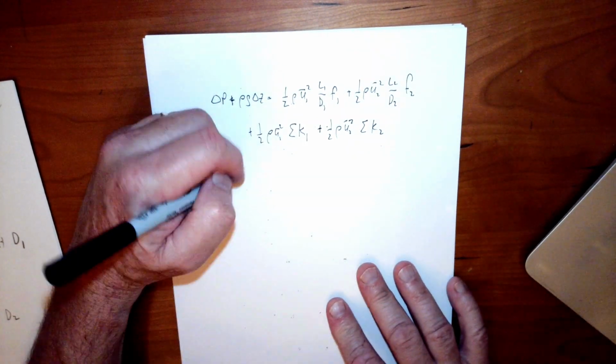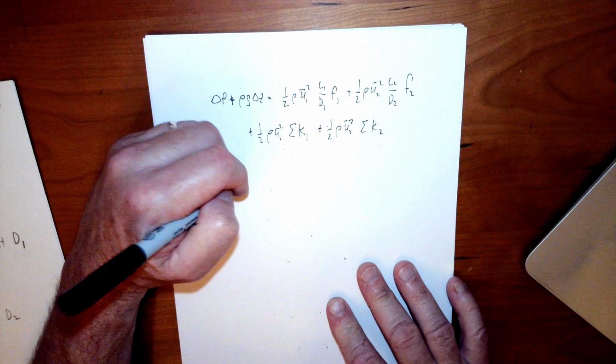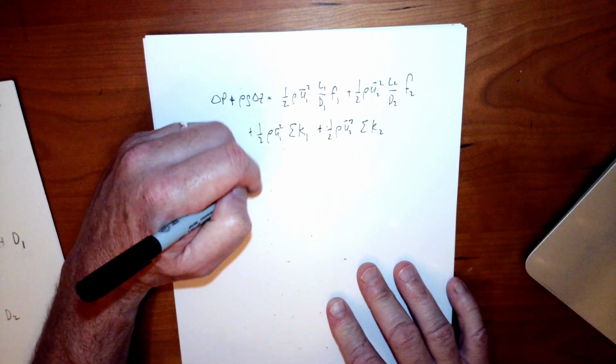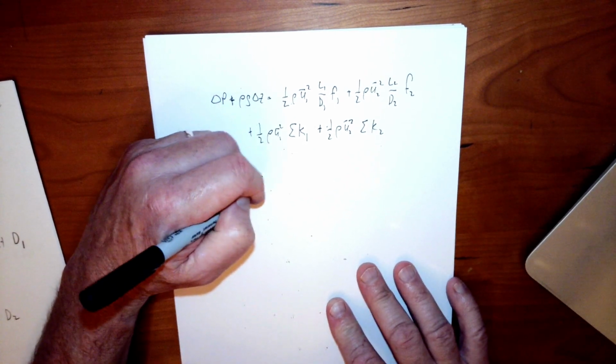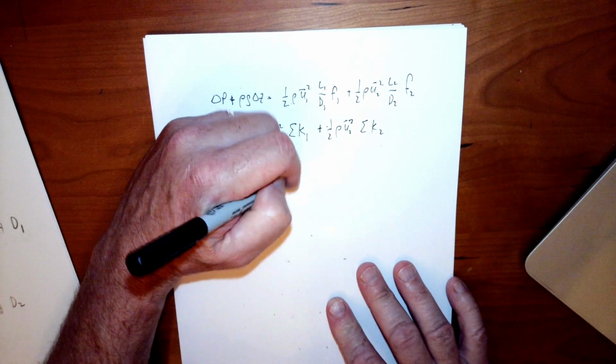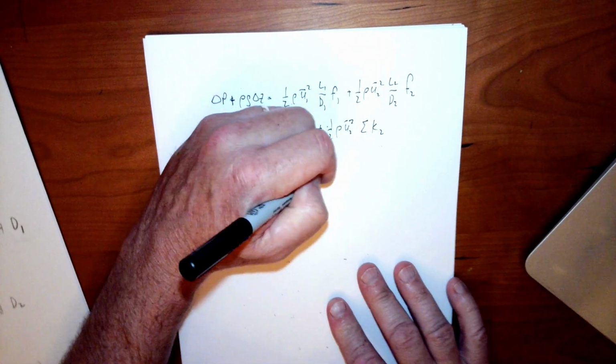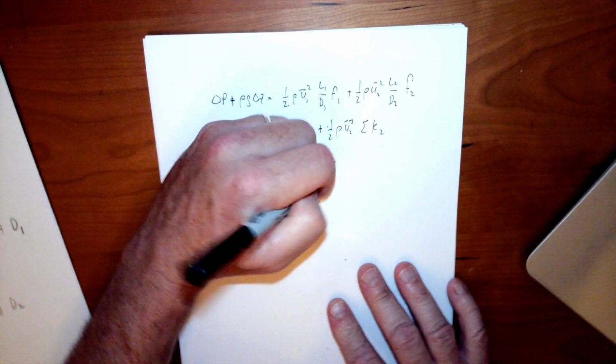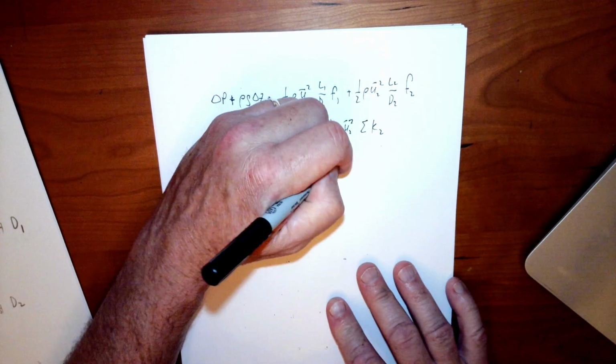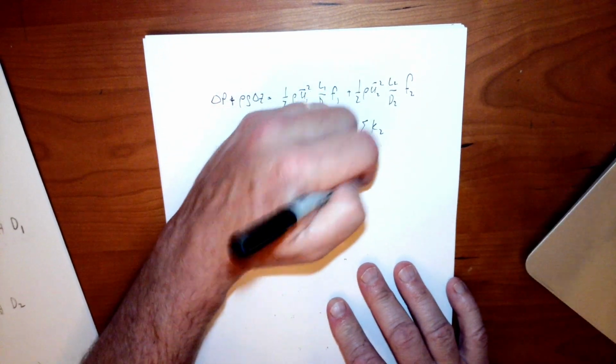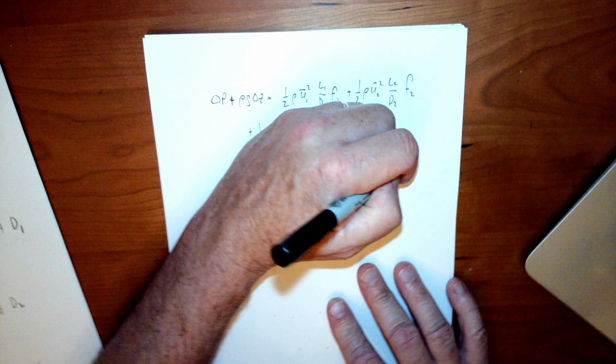I'm going to need the sudden expansion coefficient. For that I have a sudden expansion formula. That's 1 minus the little diameter over the bigger diameter squared, all of that squared, and that comes out to 0.654.